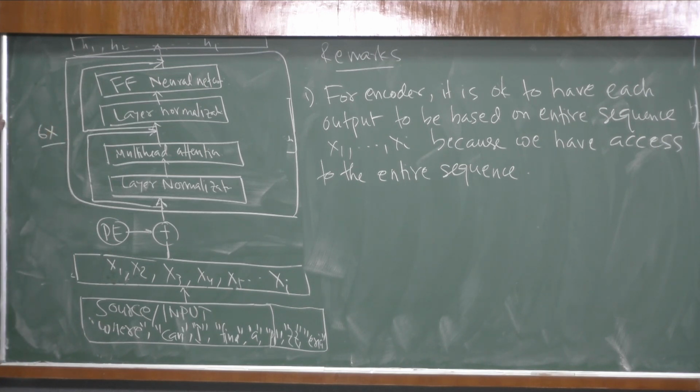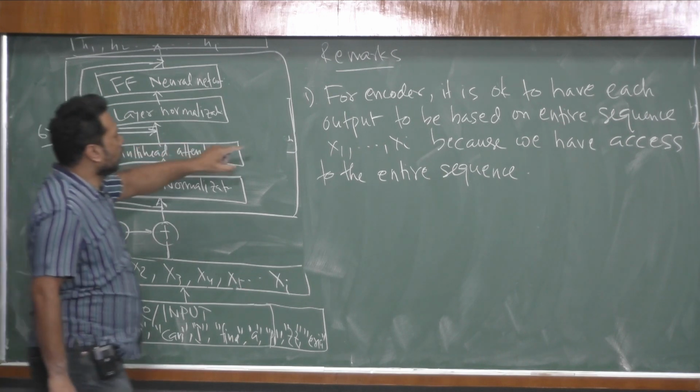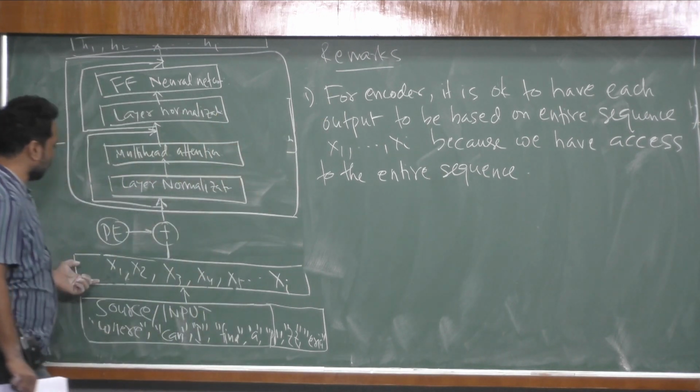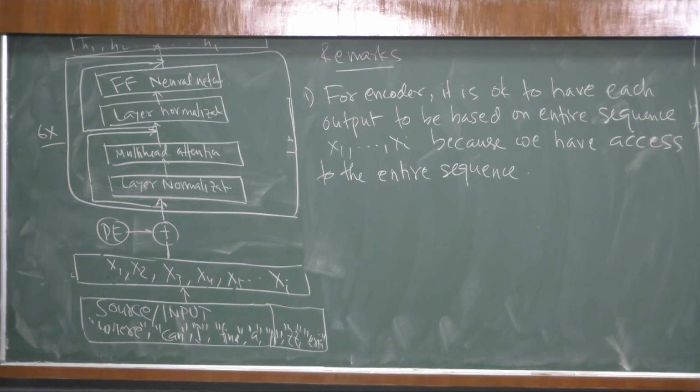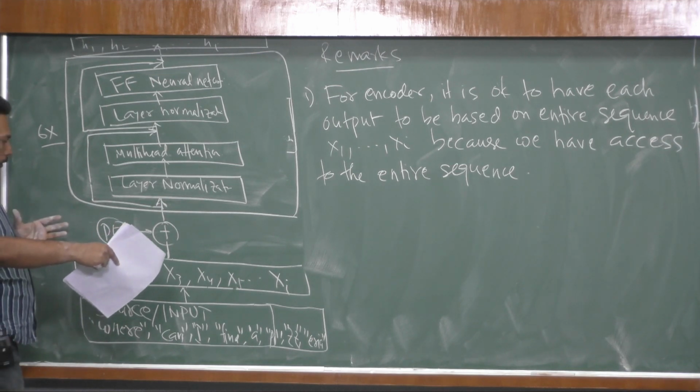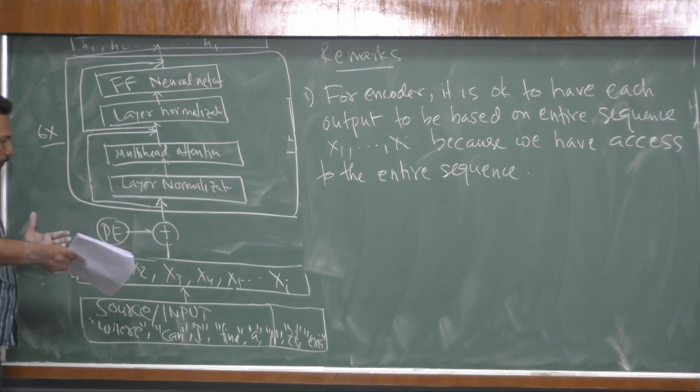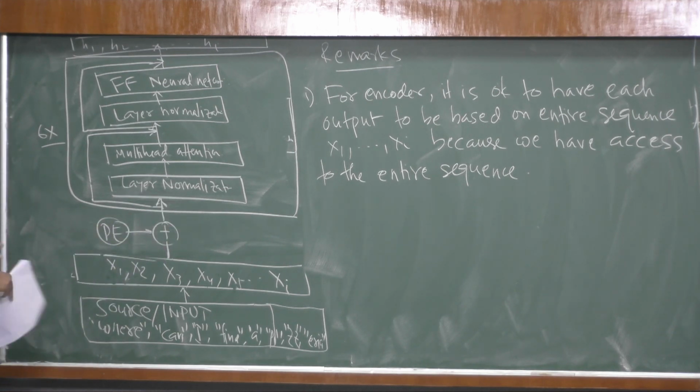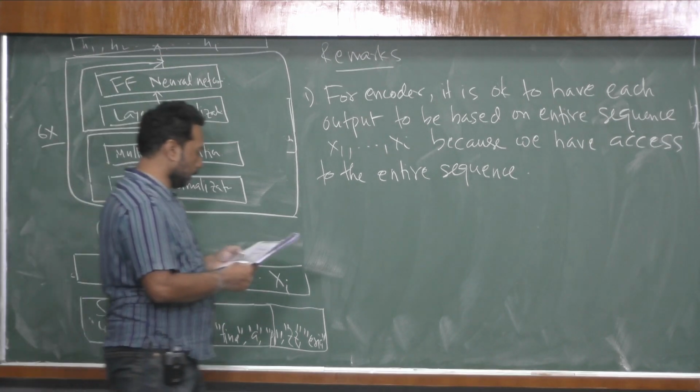For the encoder, it is okay that I have all the entries of the sequence visible at once, because if I'm going to do translation of English to French, for example, then I do have the whole English sentence in hand. So this is okay. The encoder will have access to all of them.